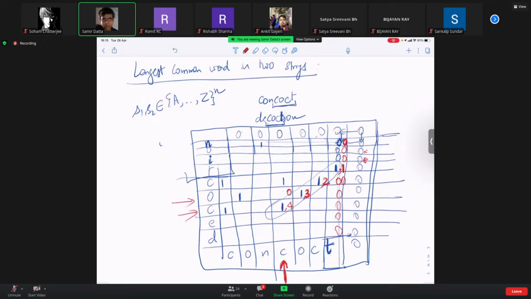Now you come here, you see N matches with C, so 0, 0, O matches with C, 0, I matches with C, 0. And these are all zeros in this. Unfilled were zeros. Now you see that C matches with C, so there is a 1 here. And now, therefore, this extends this by 1. So you get 2.